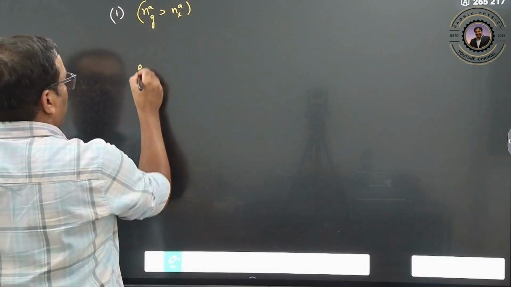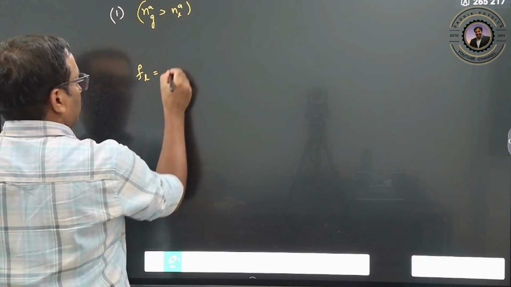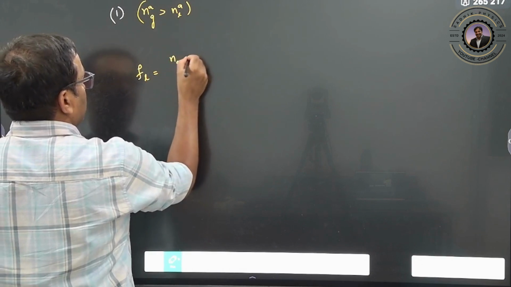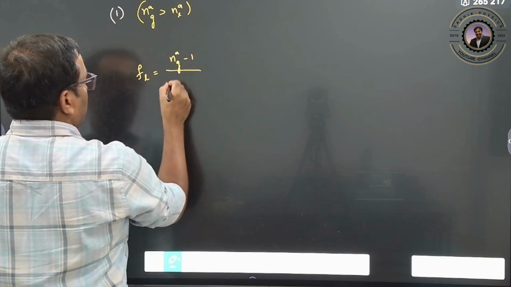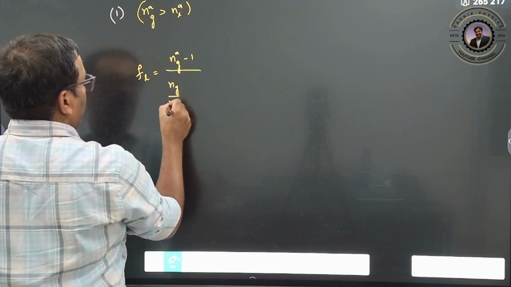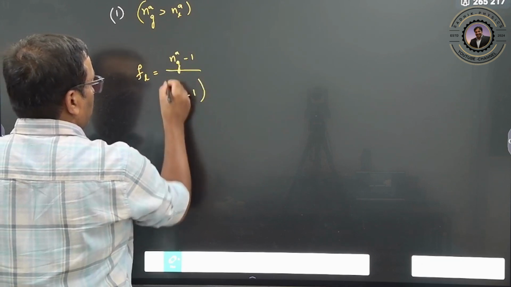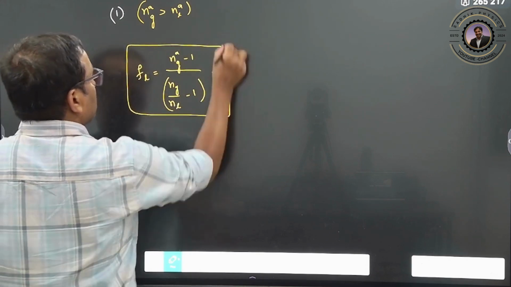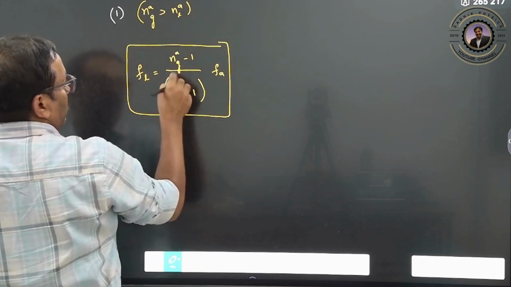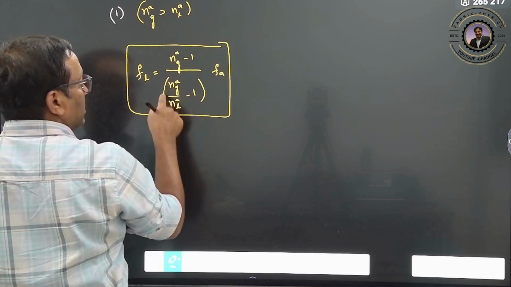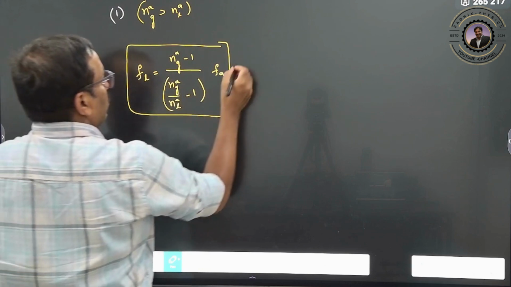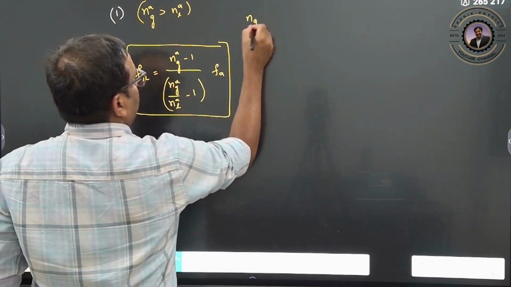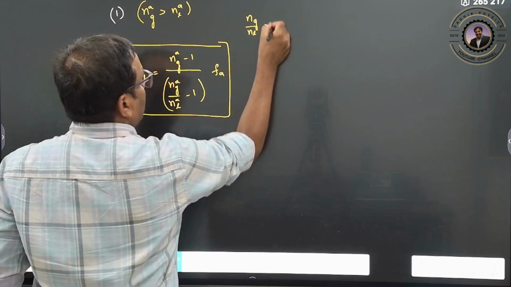Focal length of the lens in the liquid is refractive index of the glass minus 1, by refractive index of the glass by refractive index of the liquid minus 1, into FA. Clear? So if refractive index of the glass with respect to air is greater, take this ratio, therefore Ng by NL will be greater than 1.